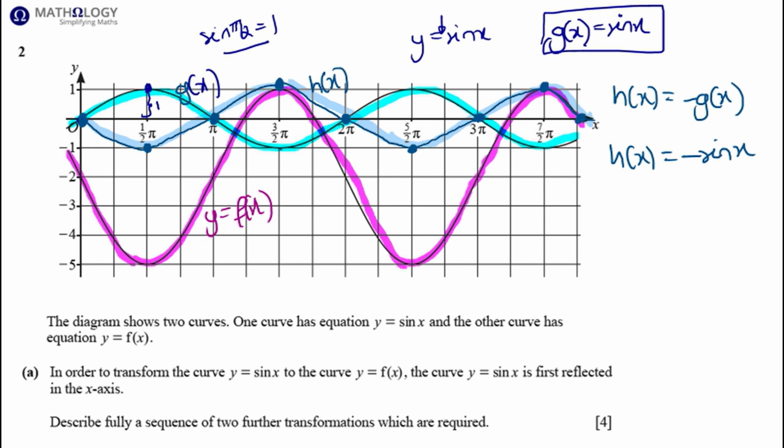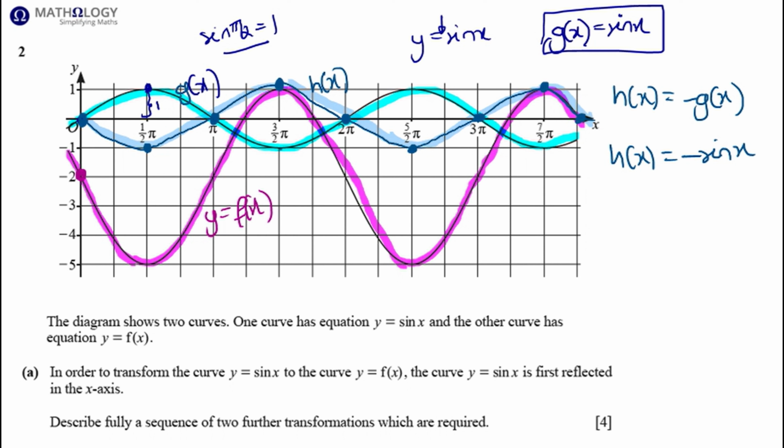For f of x with the same x coordinate of 0, we have a y coordinate of minus 2. At pi by 2 for h of x, we have a y value of minus 1. And for pi by 2 for f of x, we have a y value of minus 5.